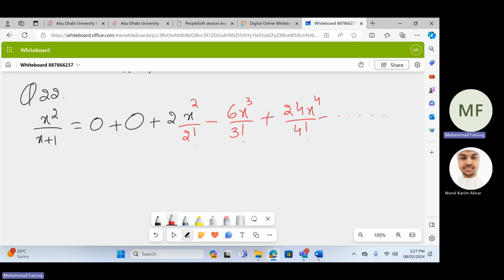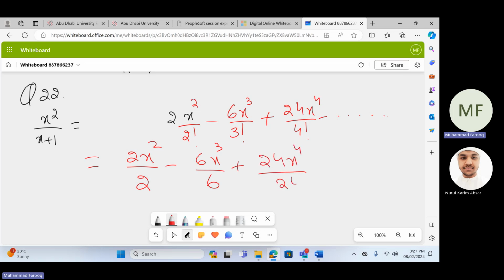These 0 terms you can remove, no need. It doesn't affect anything. Now look at it. 2x squared, 2 factorial is 2, minus 6x cubed, 3 factorial is 6, plus 24 x power 4, 4 factorial is 24, minus, and continue, please. Sir, I just have a question. In the last question we haven't simplified.